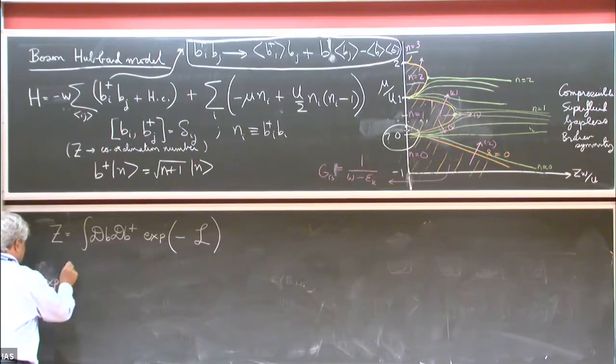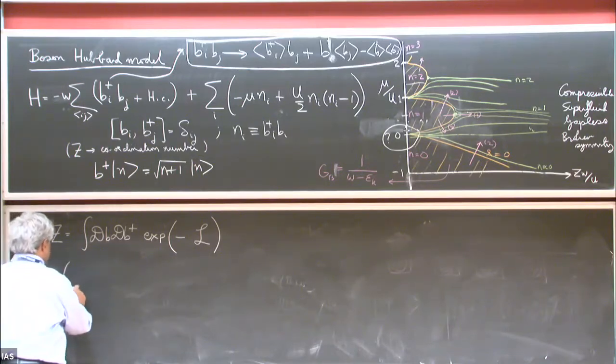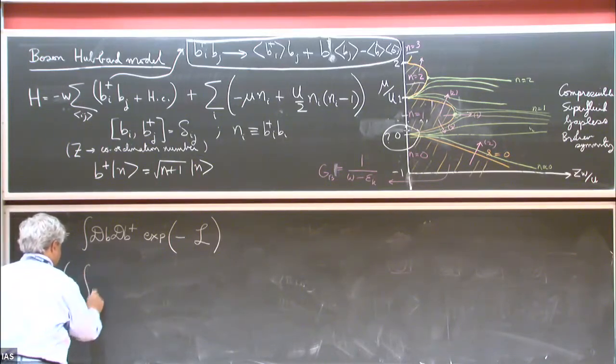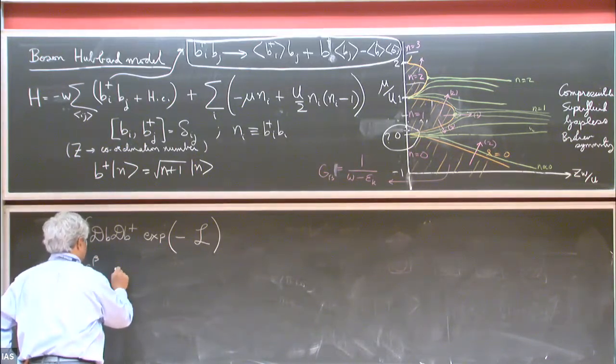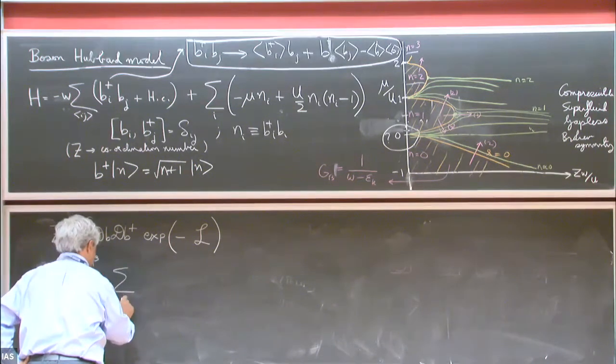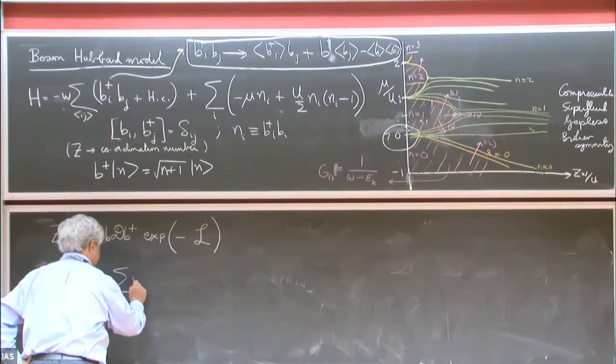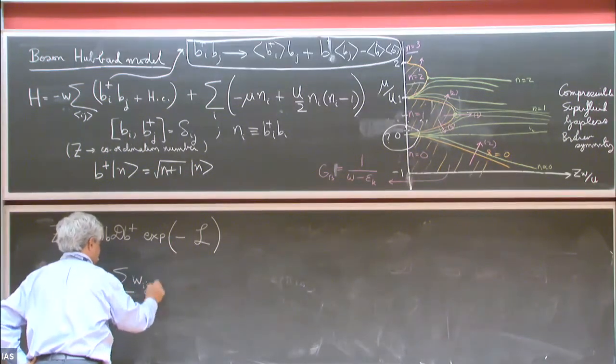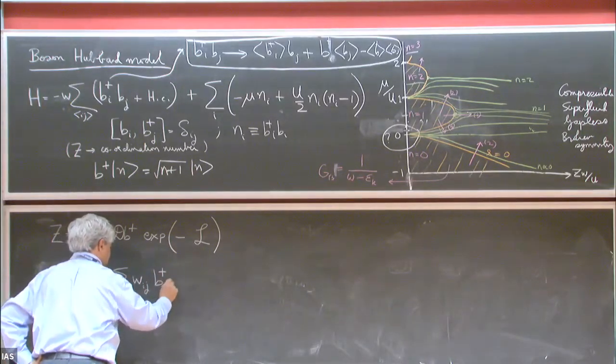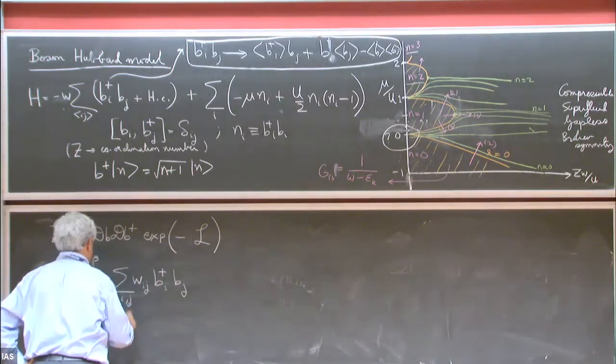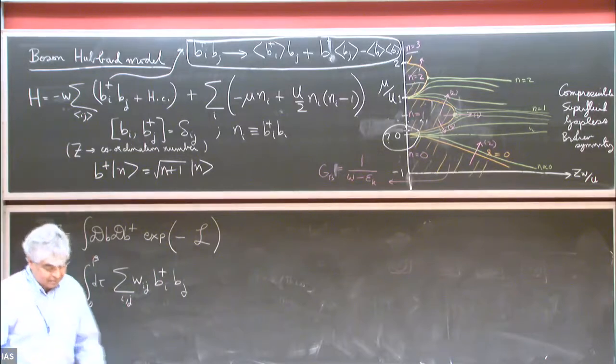So one of the terms that we'll see here will be something like exponential of minus the integral from 0 to beta d tau. Let me write it this way: sum on ij, W_ij, B_i dagger B_j, and there's a minus sign.